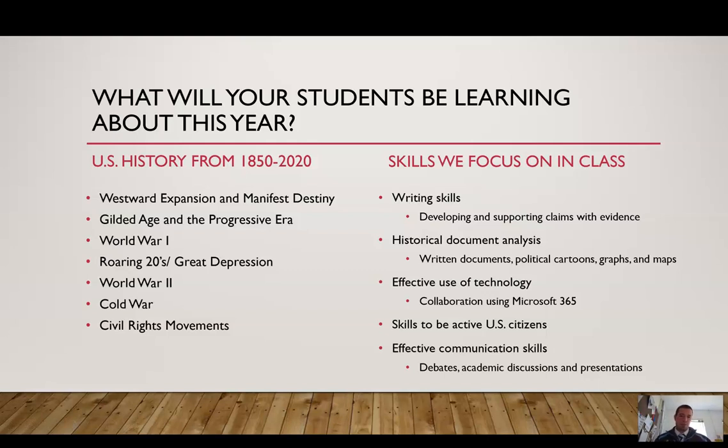We cover the World Wars, the Roaring '20s, Great Depression, Cold War, and Civil Rights movements. With that being said, this is a different year for everyone, so the pace of our class may change. We may not cover everything that we traditionally would.